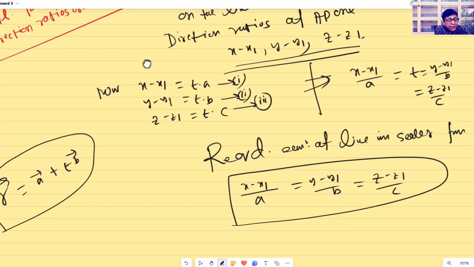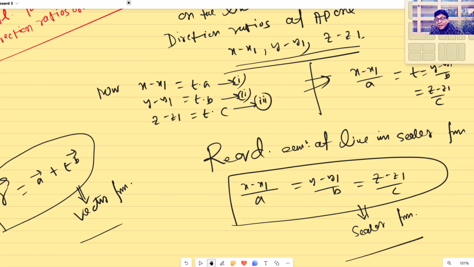For the same line, we get this one as the vector form and this one is the scalar form. Okay, and they are interchangeable. We can get scalar form from the vector and vector from the scalar.